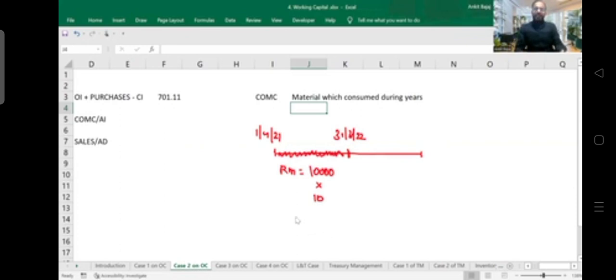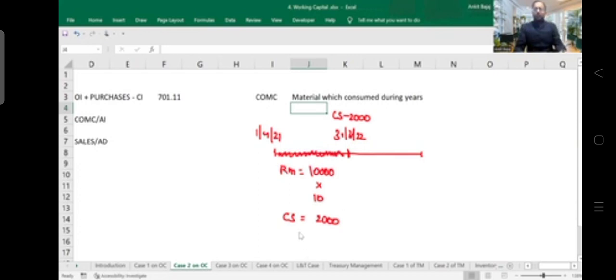Now, if I say that your closing stock is, let's suppose, 2,000 units. Let's suppose on 31st March 2022, when you checked your stock, you found that you have 2,000 units in your closing stock. Is it possible for you to calculate how many units you have consumed during the year?